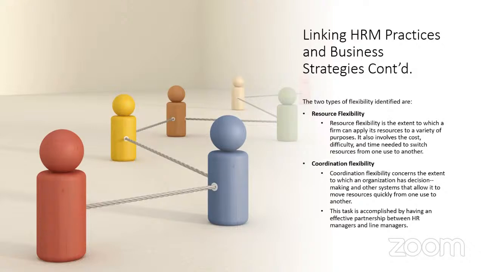We have the coordination flexibility, which concerns the extent to which an organization has decision-making and other systems that allow it to move resources quickly from one use to another. This task is accomplished by having an effective partnership between HR managers and line managers.